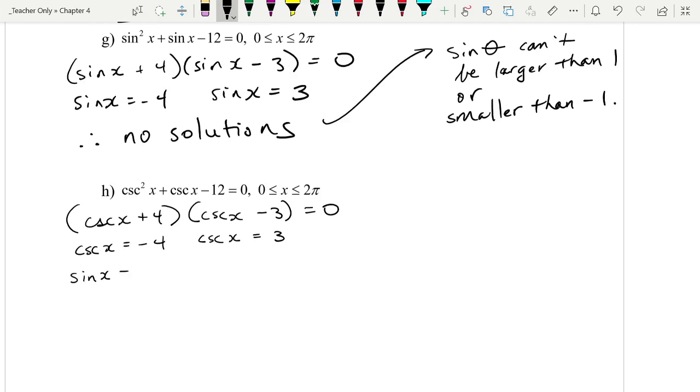Aha! Those have answers, because they're between 1 and negative 1. Now, are they numbers that I know? No. This is a calculator question. So for this one, you get to use your calculator.